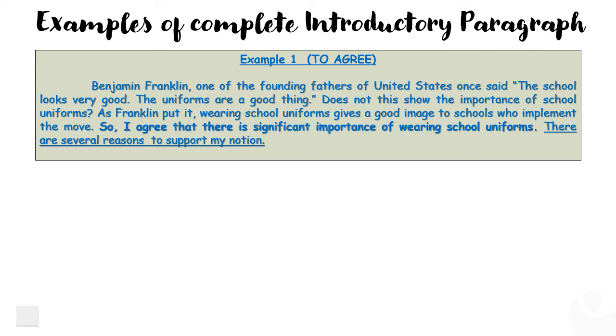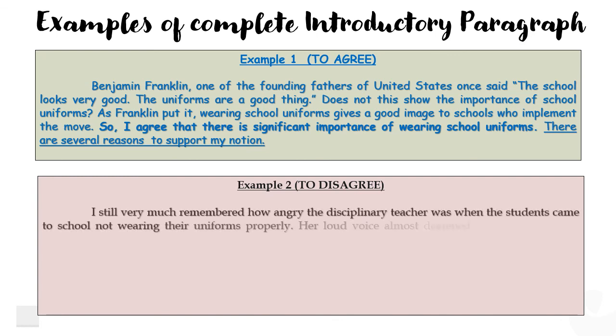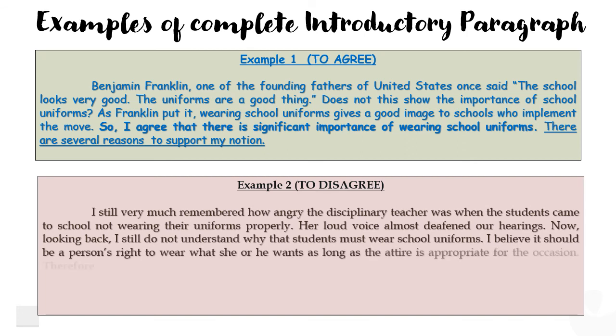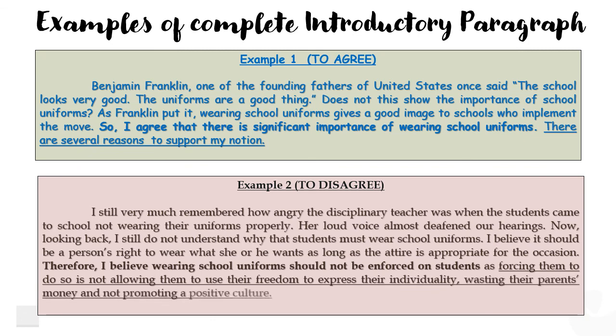In this example, you will see that the writer uses a general thesis statement. In example 2, you will see that the writer uses a short anecdote as the opening remarks. Here, the writer disagrees with the statement given, and the writer uses a specific thesis statement.